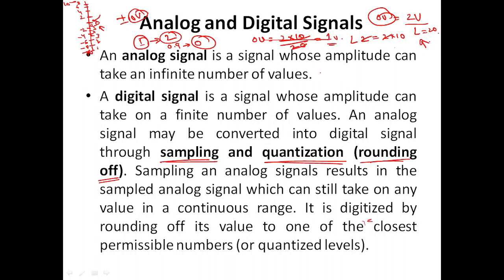Then came 1 KB, 2 KB, 32 KB. So why are these increasing? Why, as the days progress, are we going towards higher specifications? The reason is we want these quantization intervals, delta V levels, to be as small as possible, so that the quantization error comes down.